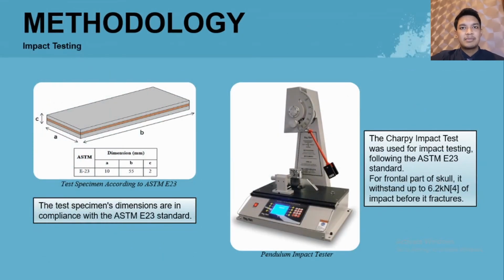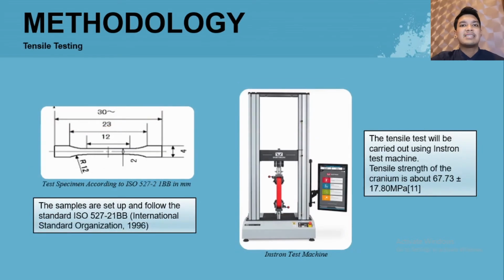Impact testing. According to standard ASTM E23, the test sample shall follow the sample shown in the figure. The testing tool is a pendulum impact tester, and the frontal part of the skull can withstand up to 6.2 kN of impact before it fractures. For tensile testing, the test sample is shown as the figure on the left side.